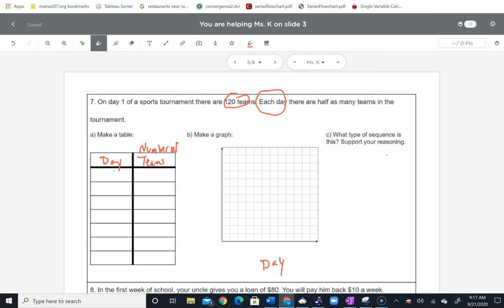It says on day one, there are 120 teams. So each day there are half as many teams. So half means that you're really just multiplying by 1/2. And by the way, before we forget, let's label our graph also.